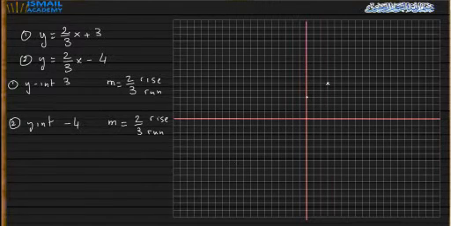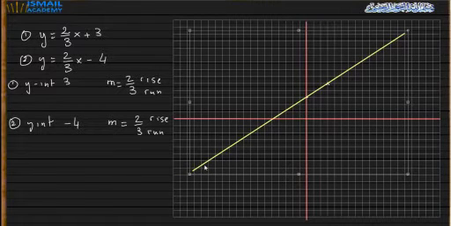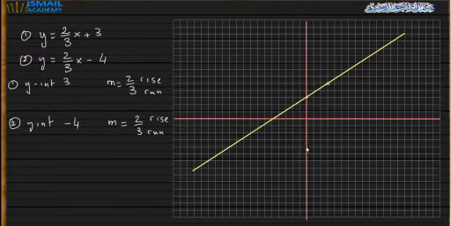The line will look like this. Let me make sure that it passes through those points. There we go, and I extend the line. Now for the second one, we have minus 4, which is here. Again I run 3 and rise 2, so the second point would be here.